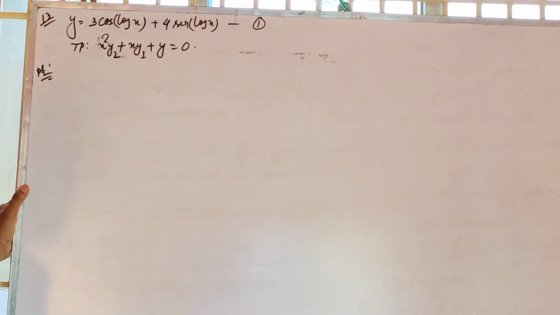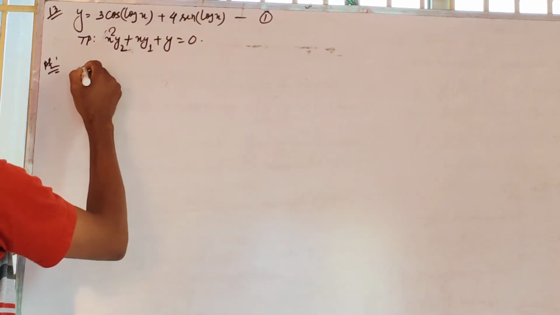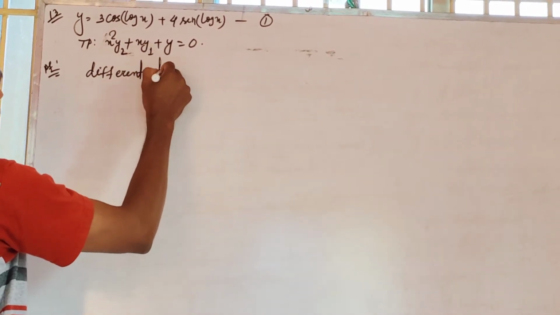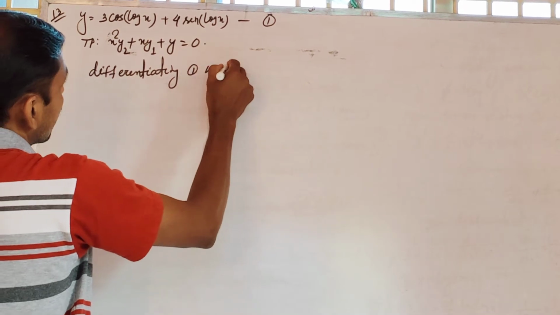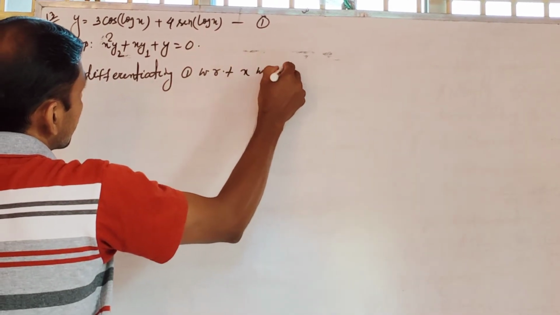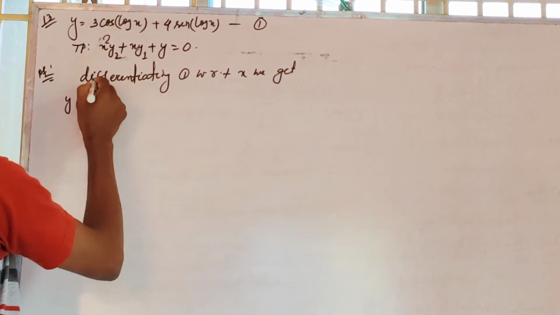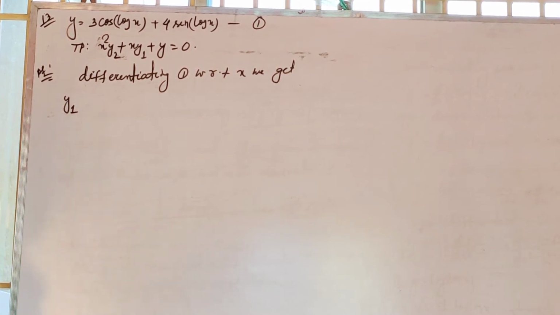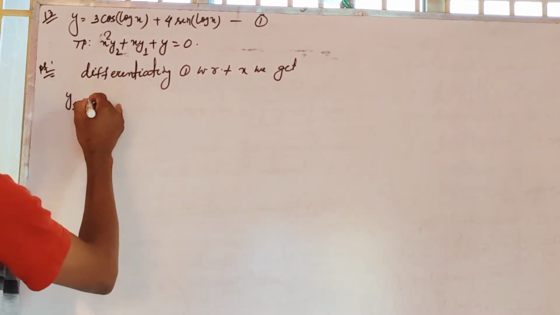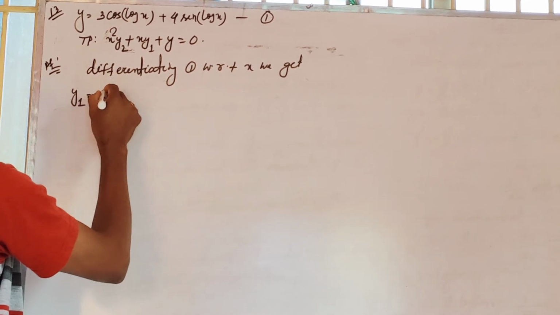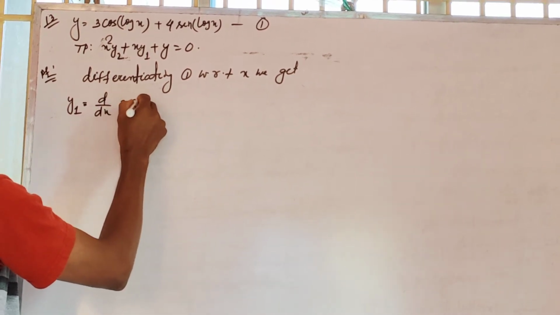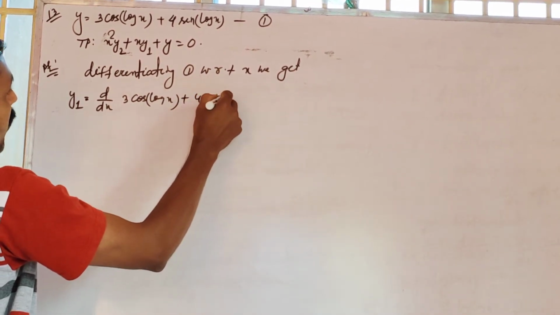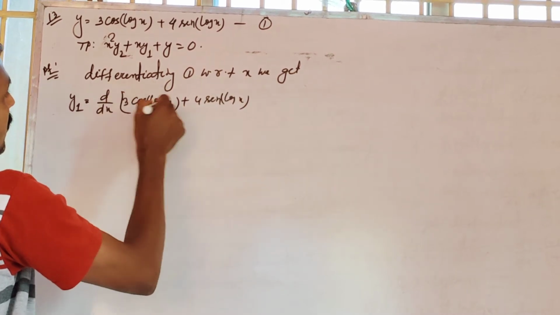It is given 1. So first we will find y1, differentiating 1 with respect to x. Y1 means first order derivative, equal to d by dx of 3 cos log x plus 4 sin log x.